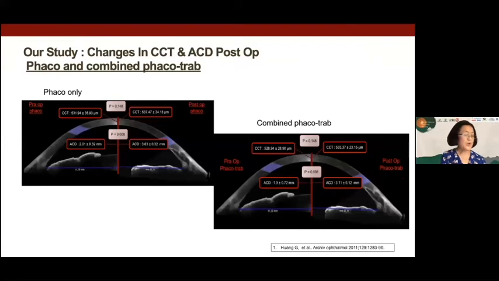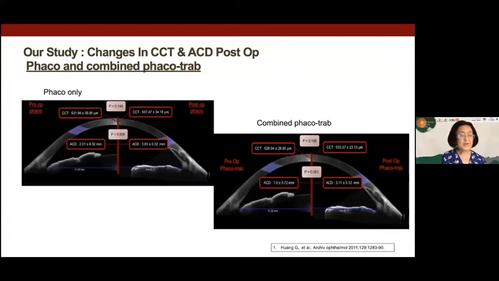We compared pre-op and post-op results using ASOCT. The first structure we measured is CCT, central corneal thickness, which we found was not significantly different between preoperative and postoperative values in both groups.